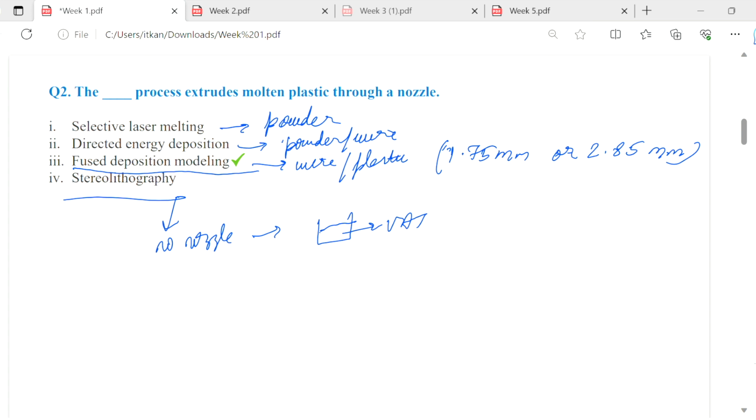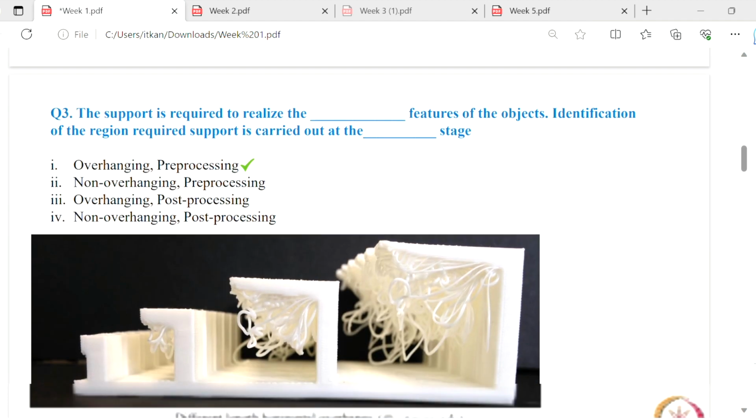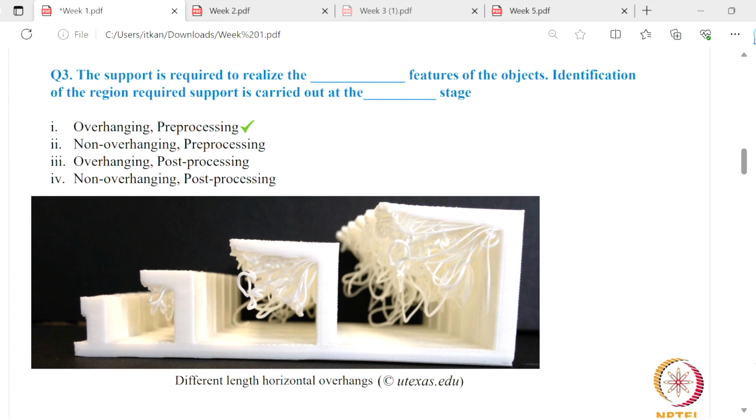So this was about the different processes. Now, the next question. Here in this question, we have some images and it is being asked in which support is required to realize the features of the object.